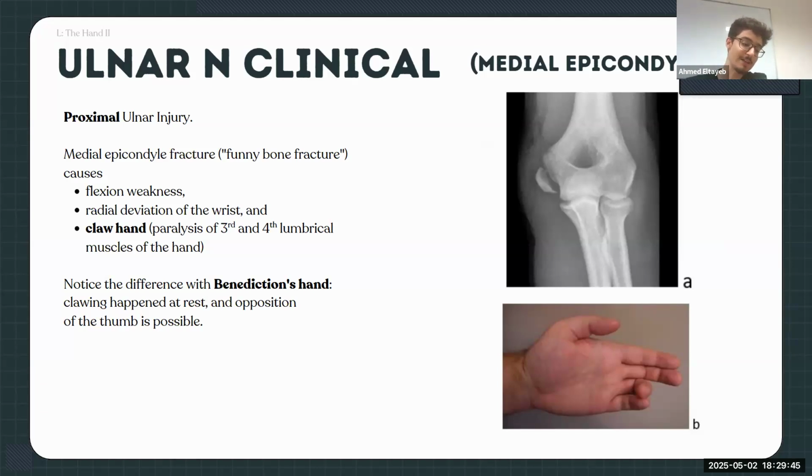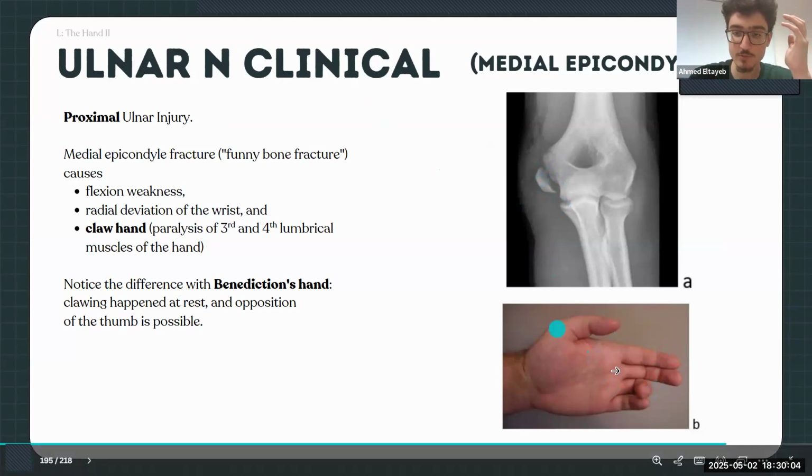Let's just only look at our ulnar nerve because it courses through what we call the ulnar tunnel right here, if you remember. But when we have a fracture of the medial epicondyle, maybe you fell on your shoulder, on your elbow like this, you're going to affect your proximal ulnar nerve and you're going to present with claw hand. Why?